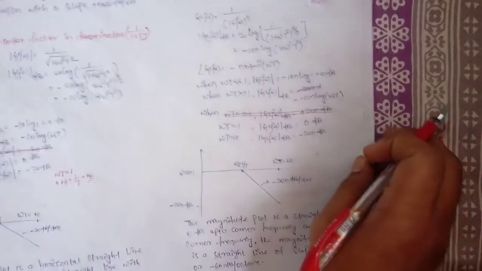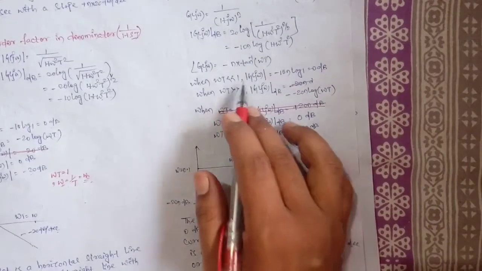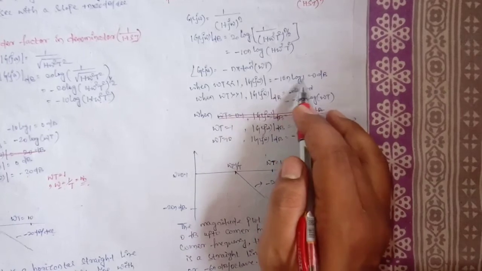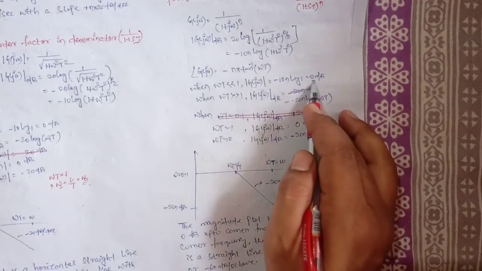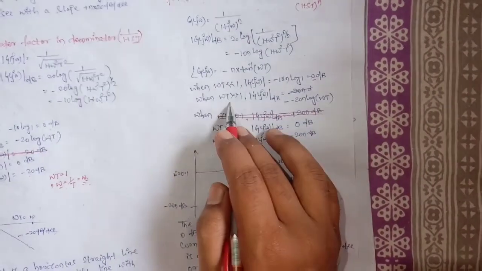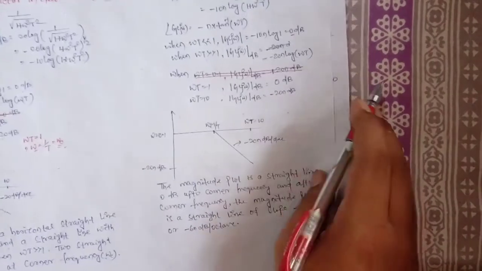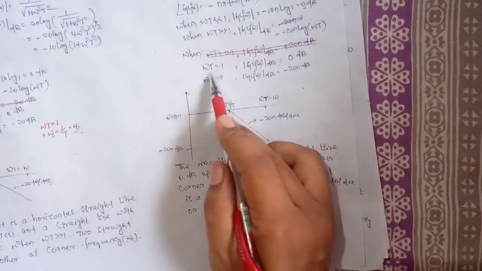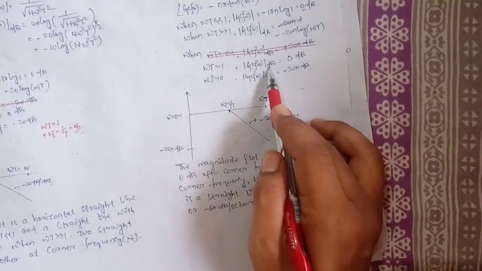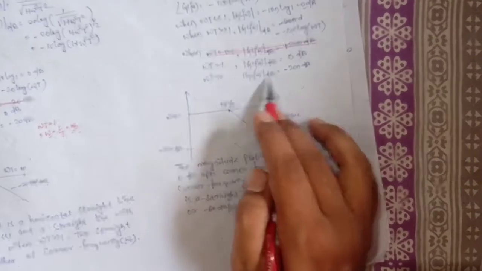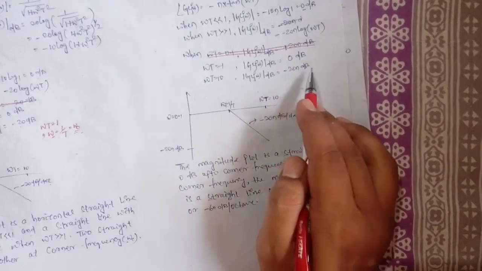Same thing we will do for omega t less than 1. My value will be minus 10 n log of 1, log 1 is 0, that is 0 dB. And when omega t is much greater than 1, my value is minus 20 n log of omega t. So when omega t is 1, the value is 0 dB, and when omega t is 10, my value is minus 20 n.